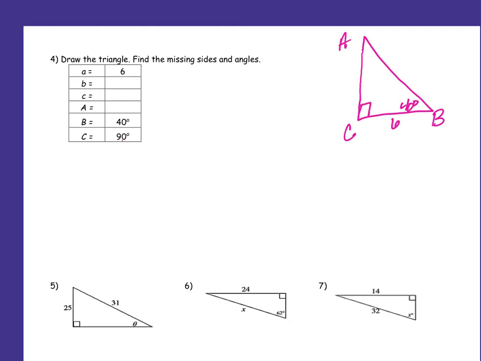So to find my third angle, I take 180 minus 90 minus 40, and I should get 50 degrees. So angle A is 50 degrees. If you need me to go over how I did that again, I will be glad to. Everyone okay with 50 degrees?